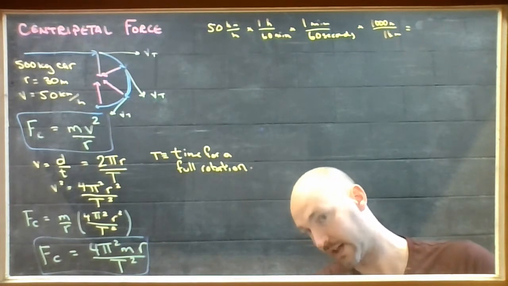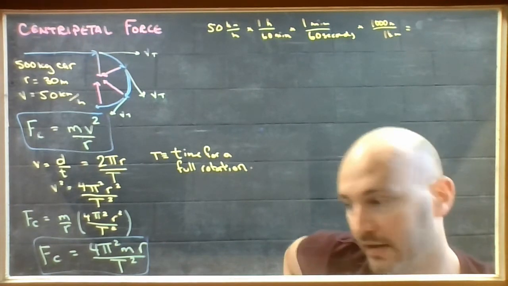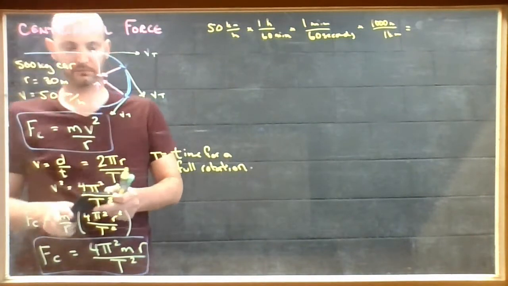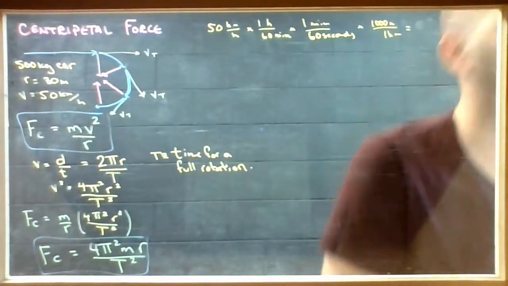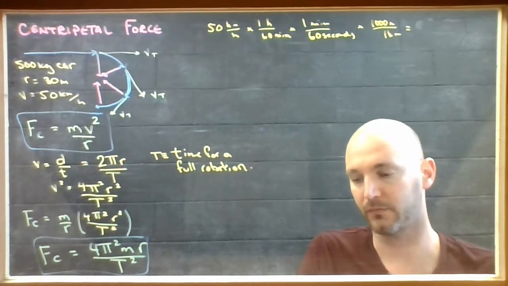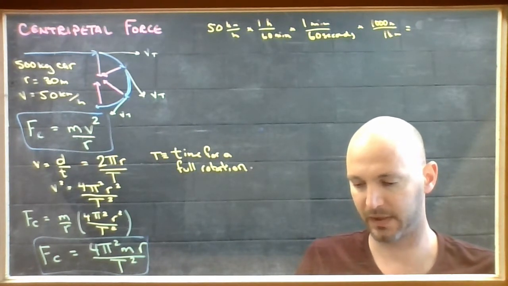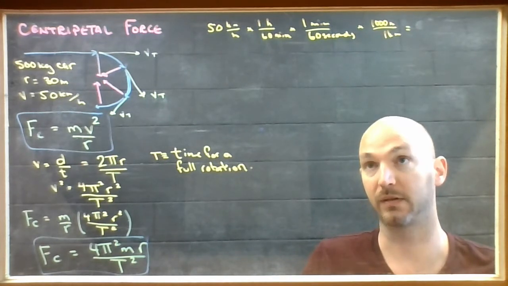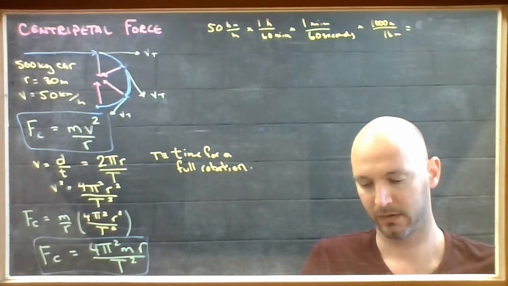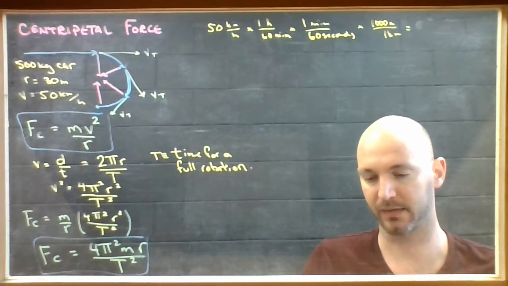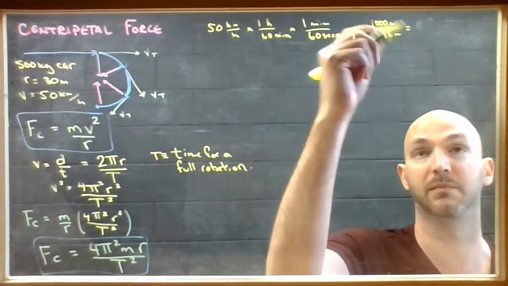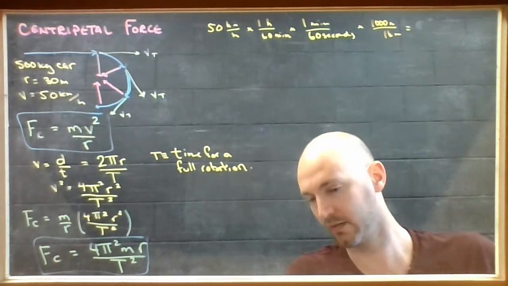So if I had my calculator here, 50 divided by 60, divided by 60, times 1,000 is 13.889 meters per second.